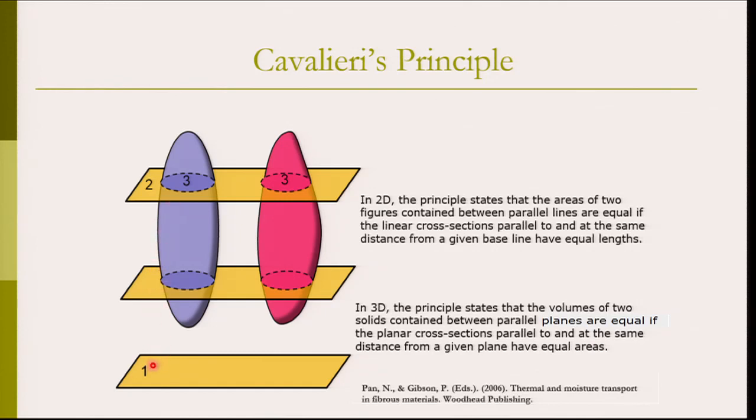So, from this plane 1, if the linear cross sections are same from the plane 1 along its distance, then the volume confined between these 2 planes are equal. So, this is for a 3-dimensional object, because most of our fibrous materials are 3-dimensional in nature. So, this principle is significantly important in understanding their characteristics.